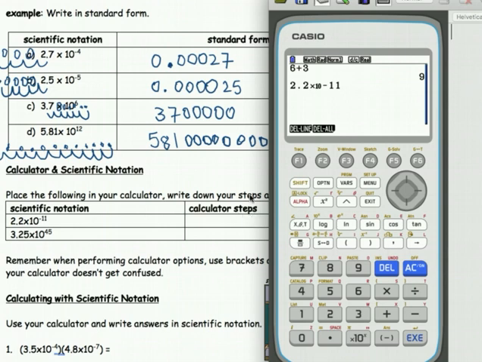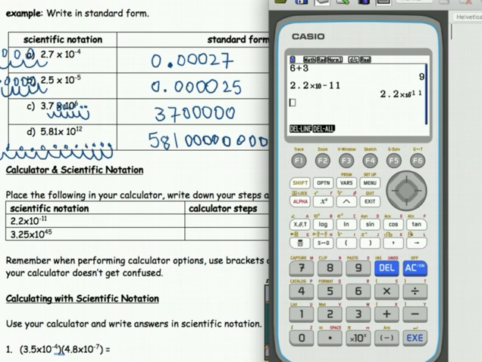So I'm going to write that down here, and then I want you to do the same thing. If you hit equals, it'll actually accept the scientific notation value and write it that way. So we're just going to write out the steps that you need to take to enter it into your calculator so you can use this as a reference later.